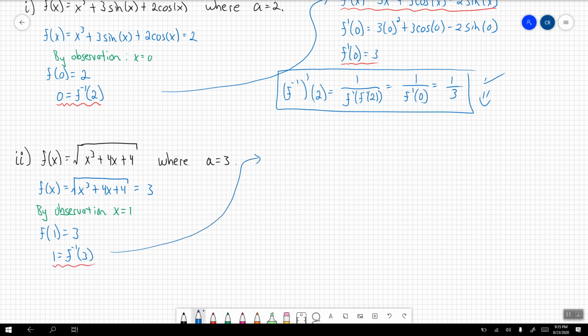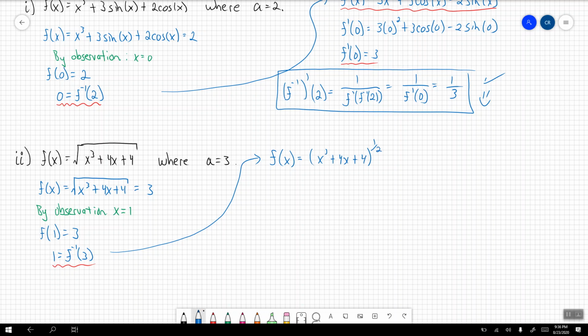The next part is we need the derivative, f prime of x. Let me not jump the gun here. In order to get f prime of x, I'm going to rewrite my function as x cubed plus 4x plus 4 raised to the power of 1/2.